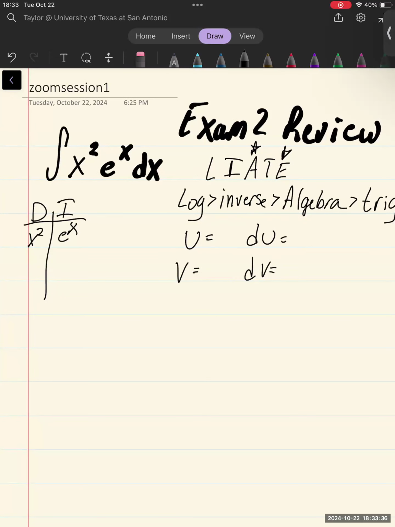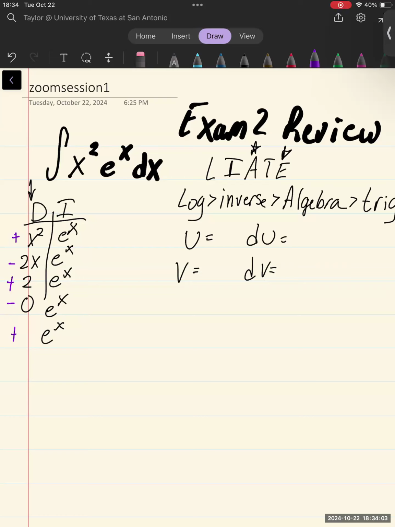I'll take this derivative until x disappears, giving me 2x, then 2, then 0. And then over here, we've got e to the x, e to the x, e to the x, and one more time, e to the x. And then we know with the tabular method, we've got plus, minus, plus, minus, plus.